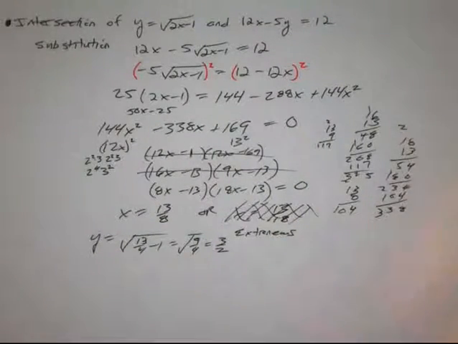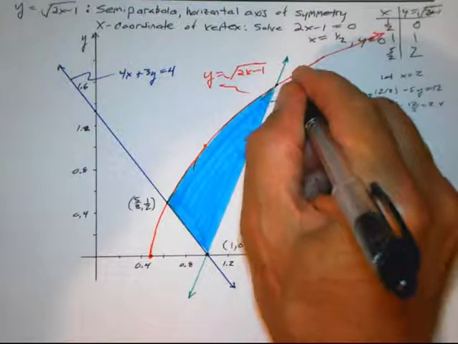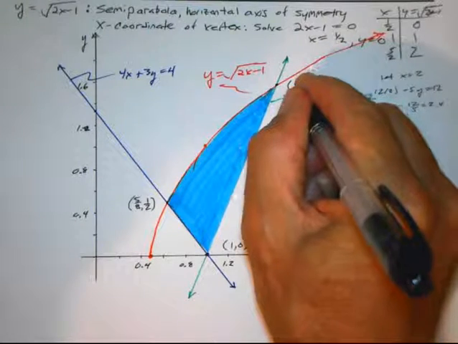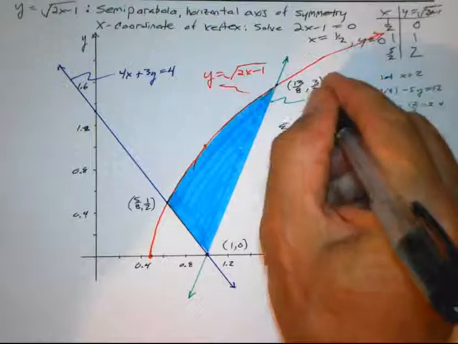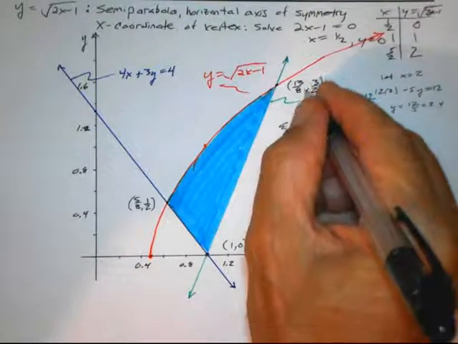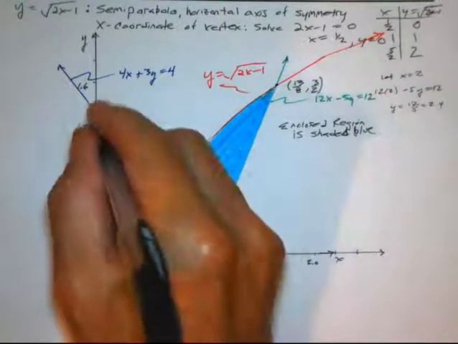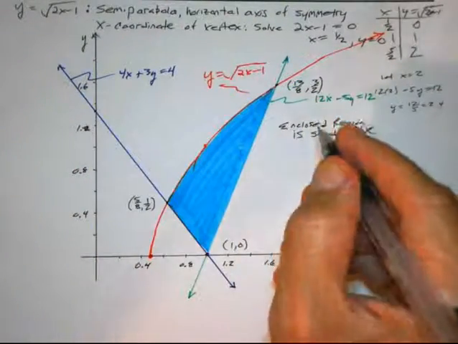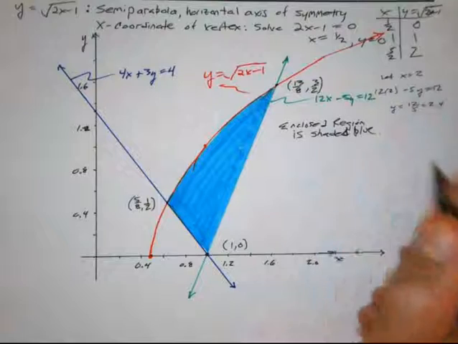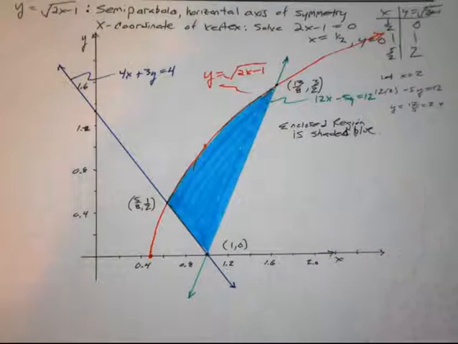Great. Onto the graph to label this. Also checking that y out for consistency, 3/2. Here's 1.6. This is 1.4. That's pretty reasonable for our graphic consistency. Everything's looking pretty good here.